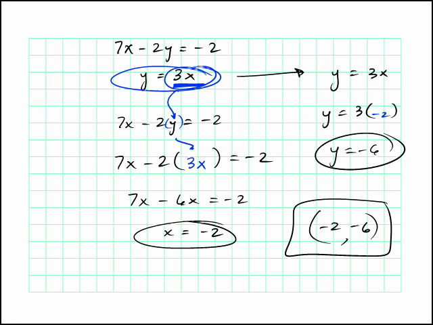Let's try one more using the substitution method. 5x minus 3y equals negative 6, and x equals 2 minus y. Once again, this equation down here is solved for a variable for us. It's x equals 2 minus y.